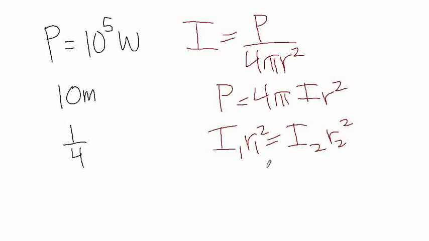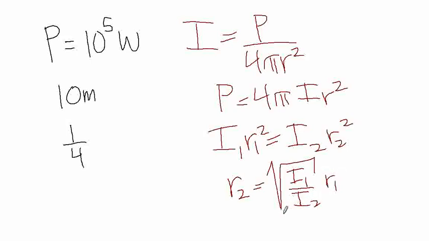So for R1, I'll use 10 meters, and R2 is what I'm going to solve for. R2 is equal to the square root of I1 over I2 times R1. R1 is 10, and we said we wanted the intensity to be 1/4 what it was at 10 meters.